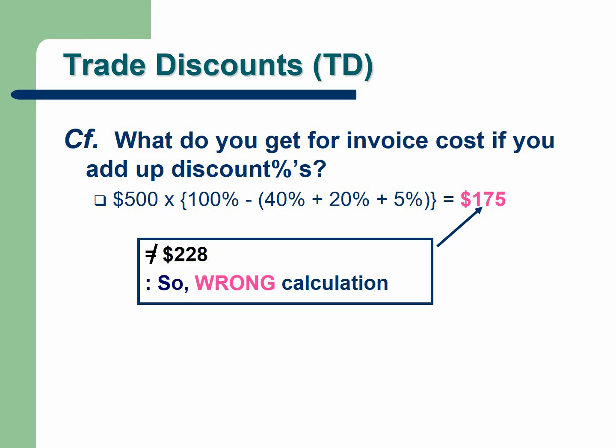If it was that way, then we would probably do this kind of calculation, like 40% plus 20% plus 5%. So just a 65% trade discount, and subtract that from 100% and times that by list price. That way you will get $175 as the invoice cost.